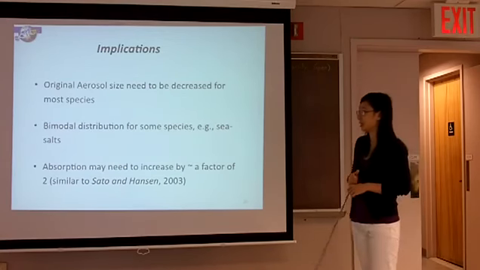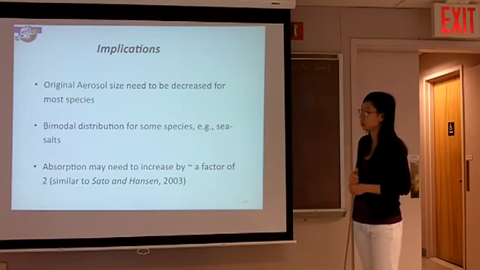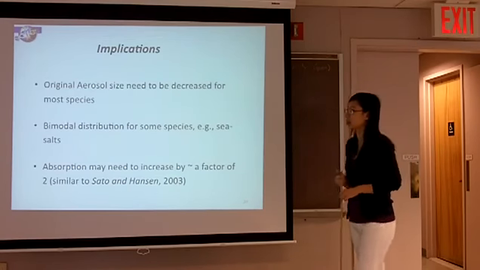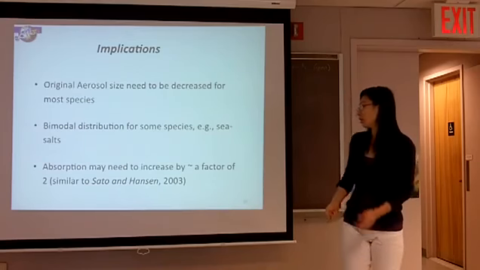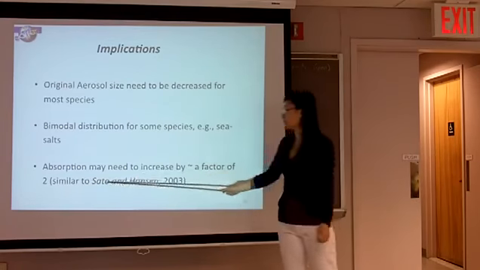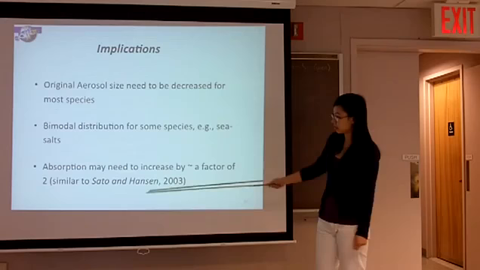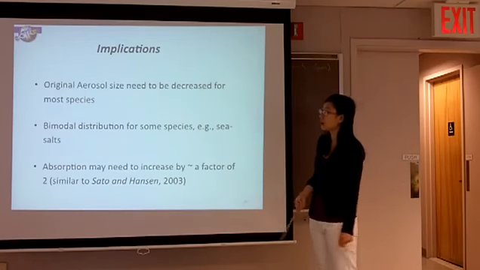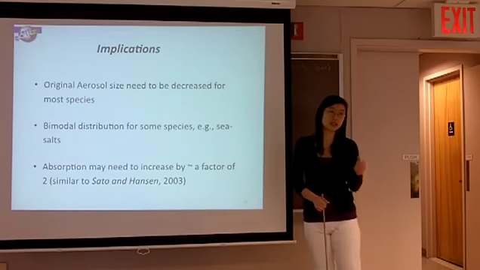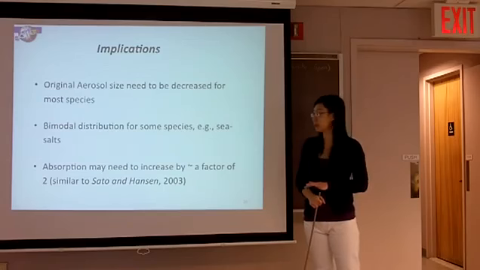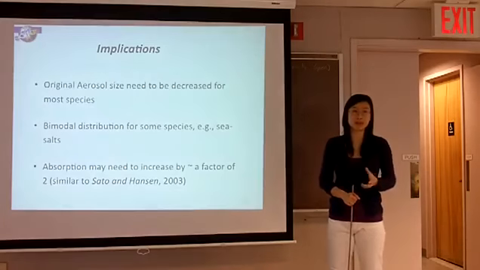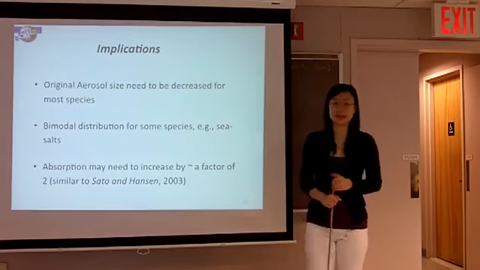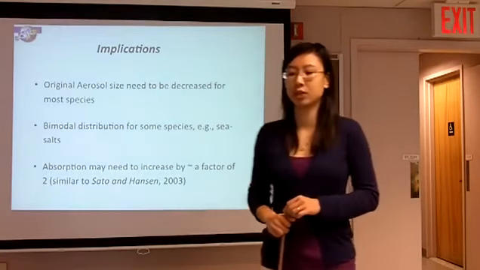So we may need a bimodal distribution for sea salts. And the absorption may need to increase by about a factor of 2. This factor is actually very similar to the results from Sato and Hansen. They also adjusted the amount of absorbing aerosols with AERONET, but that's based on a global mean value, not on a station by station or regional basis.